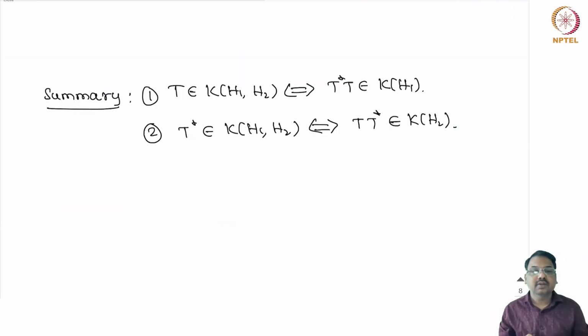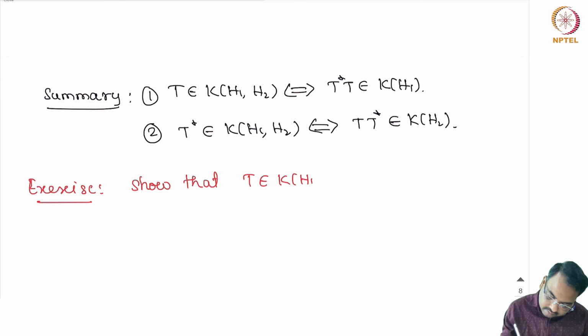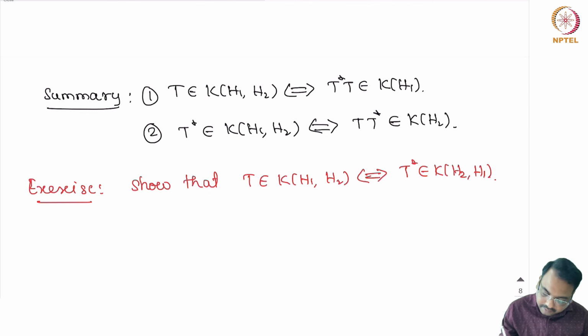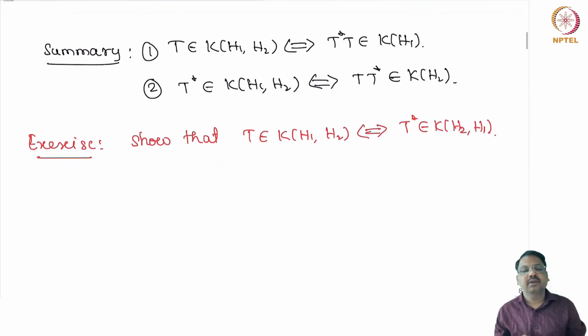Now using these results we can easily show that T is compact if and only if T star is compact. These are some of the important properties of a compact operator.